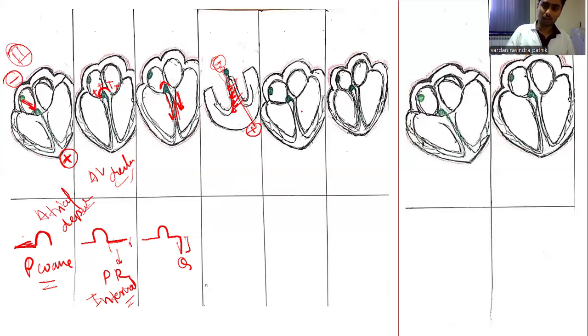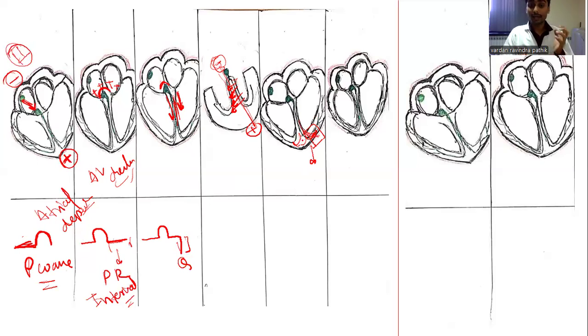Now let's talk about this. So now waves are coming here. Now electrical activity is coming here. Let me explain it. Let's take a segment. Now the impulse is coming here. Now the left ventricle is thicker.